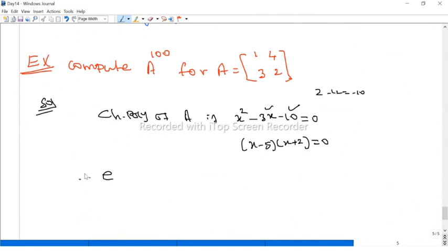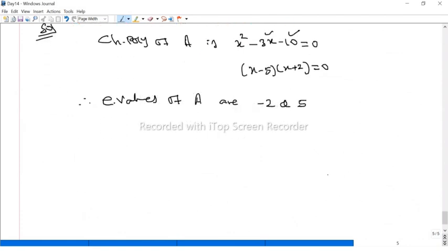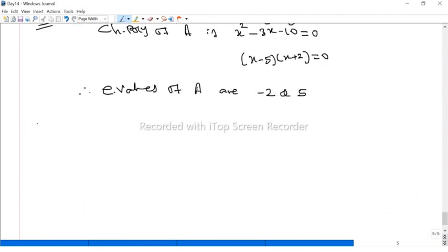Therefore the eigenvalues of A are minus 2 and 5. Now we have to find the eigenvector corresponding to minus 2 and the eigenvector corresponding to 5. How to find the eigenvector corresponding to minus 2? That is simple.